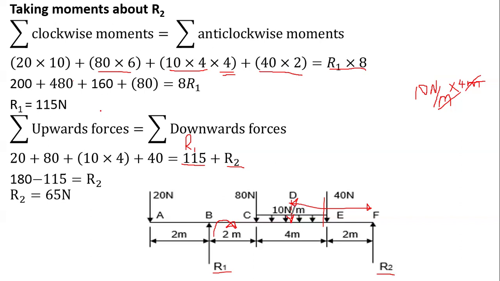Is there a way of proving? Yes, there is. The same way we've said the summation of upwards forces is equal to the summation of downwards forces. This statement does not tally if this is wrong. Plant your numbers, put R1, R2. The answer you have here and what you have there should be the same. Either way, now that we are done with the reactions, let's start with the shear forces.